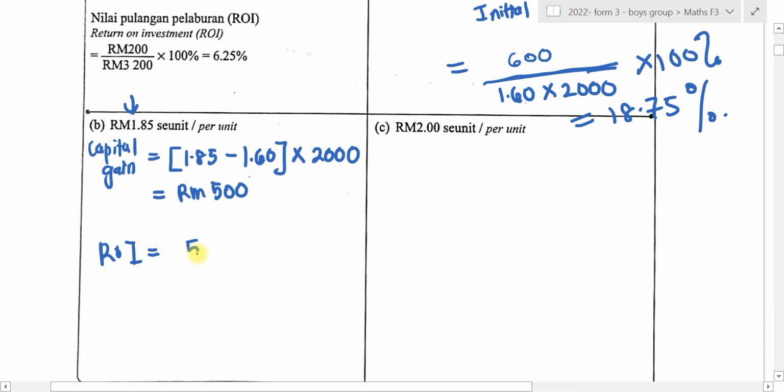So now we want to find the ROI. ROI, very simple. Take the 500, the profit you gain, over the early investment we make is 1.6 times 2,000, which is actually 3,000. If you want to write in this form also, no problem. 1 ringgit 60 cent per share. I buy it for 2,000 units. So times 100%. How much is this, Sharvinat? Calculate.